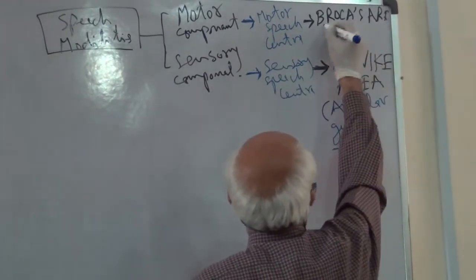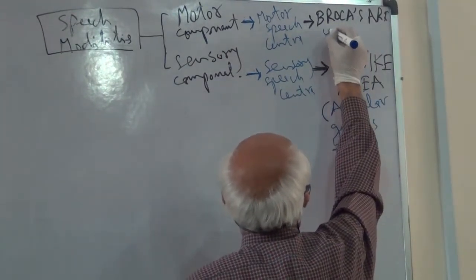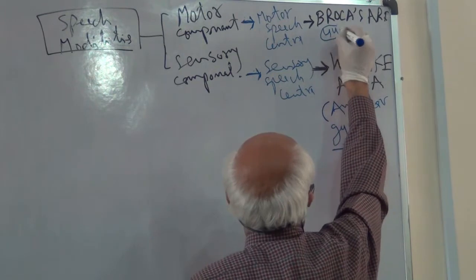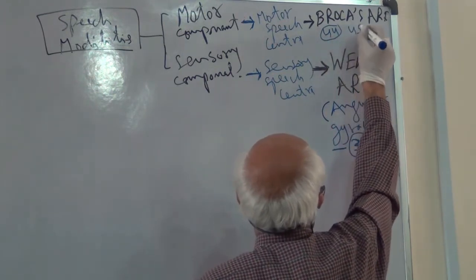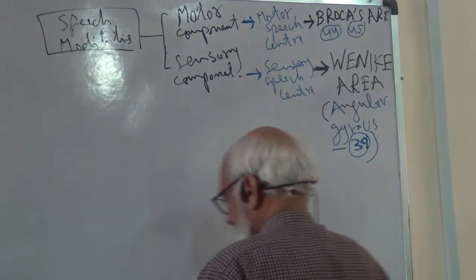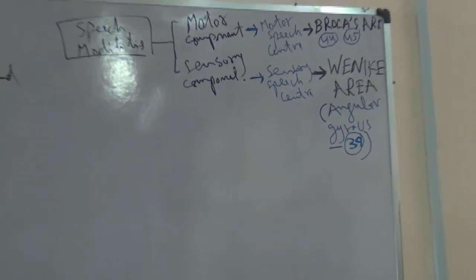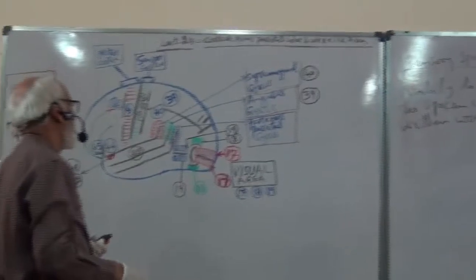And Broca's area, you know, is area number 44, 45, the pars triangularis and pars opercularis.